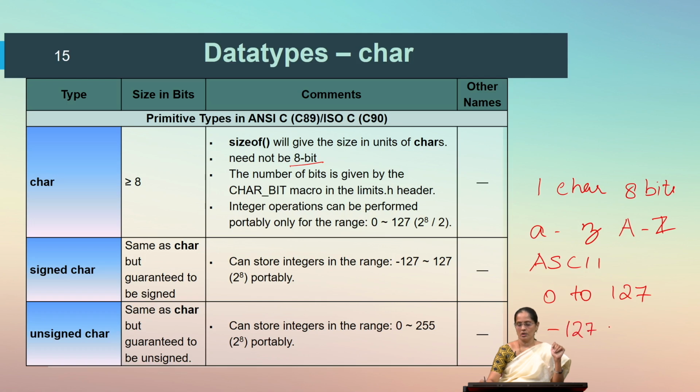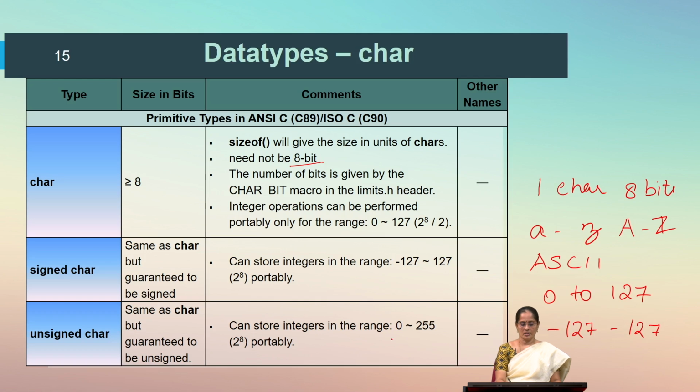Generally we have only positive values, and signed char is going to include negative values. If it includes negative values for character representation, it ranges from minus 127 to 127, which is again 2 power 8. We can make it an unsigned char by removing the negative value representations. By defining a char to be unsigned char, we are not considering the negative values, and only the positive values are considered as the range.